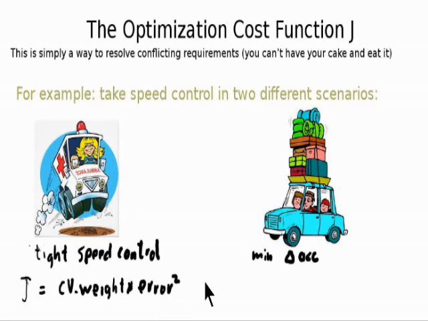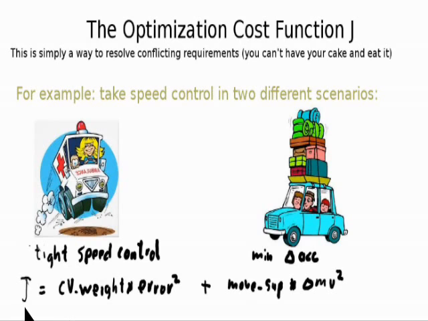And then we have a second term which is equal to a move suppression factor multiplied by the delta MV squared. And the model predictive controller will calculate control moves that will minimize the optimization cost function J.